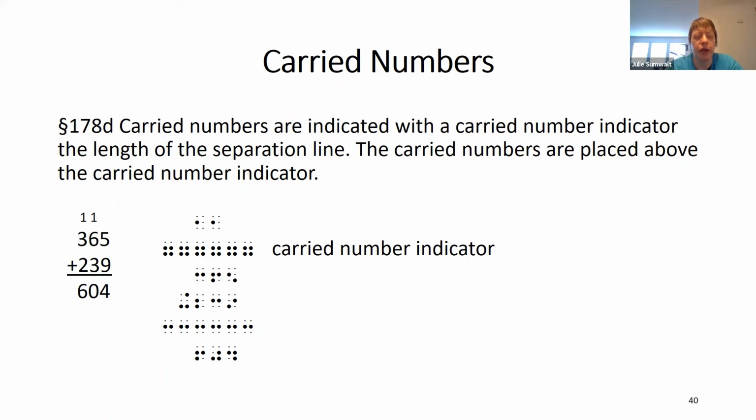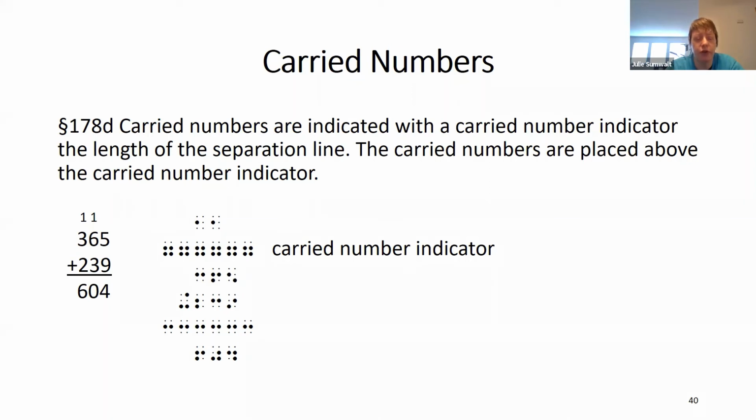So in Braille, we line up our problem first, which is 365 plus 239. They both have 3 digits, so that plus sign can be snugged up against 239, but still placed 1 cell to the left of the widest arrangement, which is both 365 and 239. So that is out of the way. Then our separation line, that row of dots 2, 5, sticking out 1 cell on the left and 1 cell on the right.